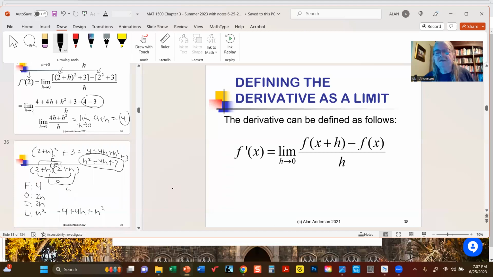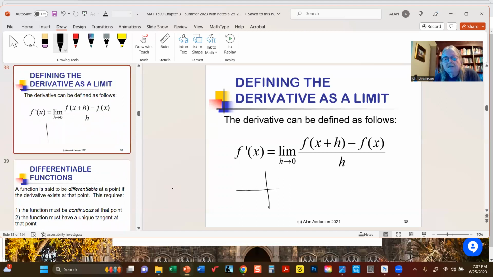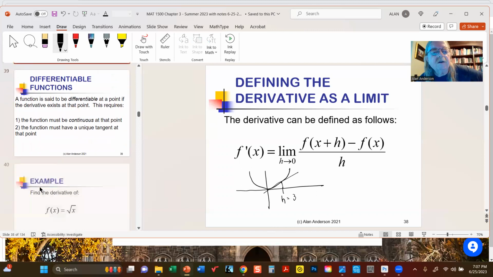Ultimately what you're trying to find out is, here's your function. Now, as you keep getting closer and closer to, let's say h is 3, the tangent line slope will be different until we exactly hit this point. So we're trying to get as close as we can to that point and use that to define our tangent.